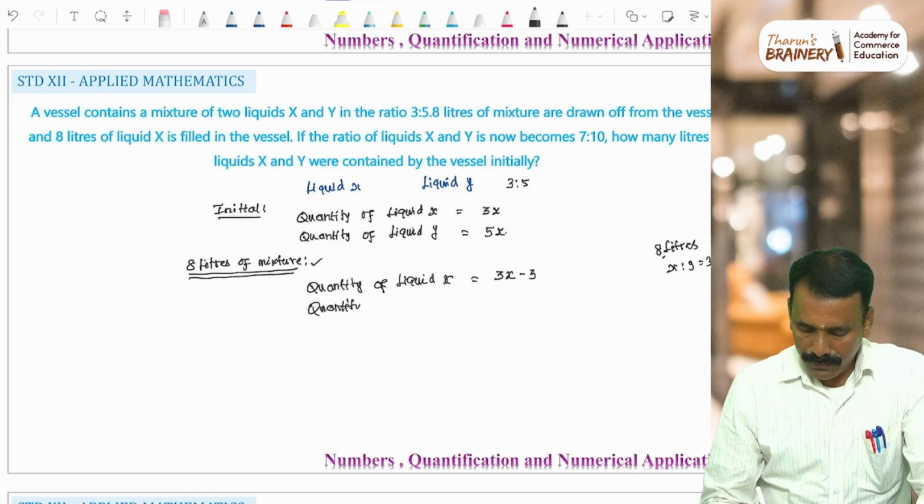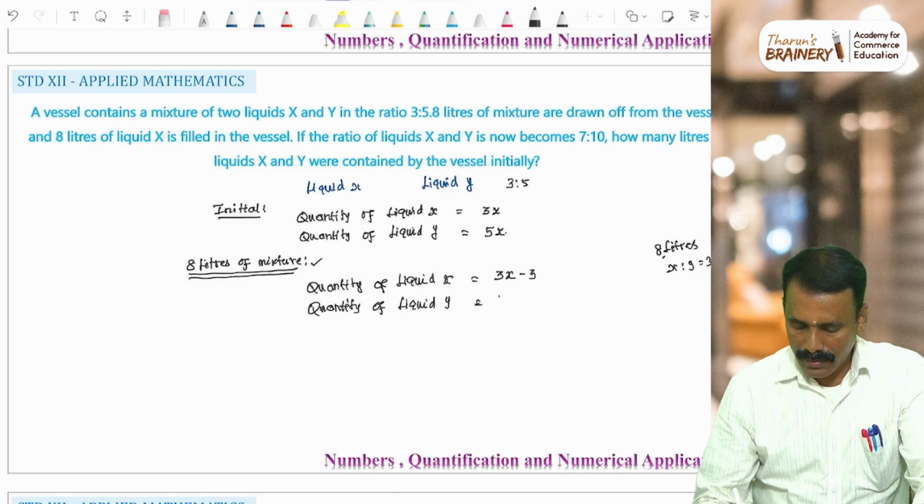And the quantity of liquid Y will be equal to 5x minus 5.